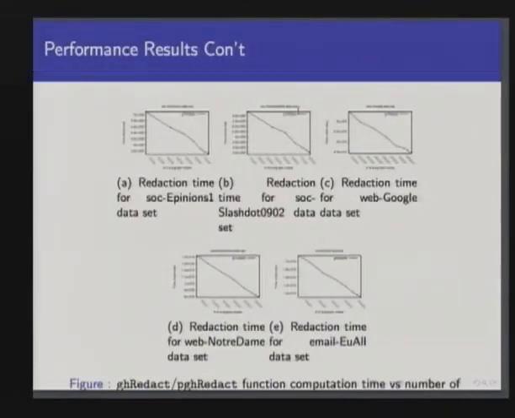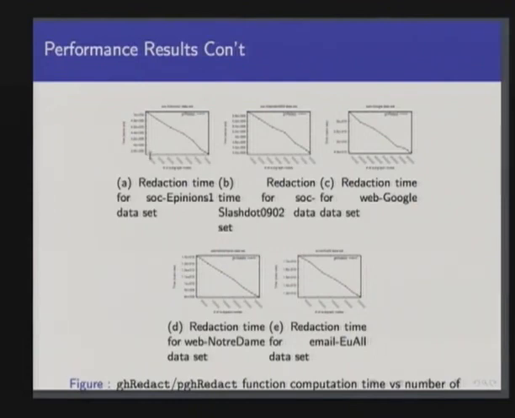This is another set of experimental results. This is the graph reduction time. We know that this graph reduction function is run by the untrusted or third-party server. So if the subquery result which is returned to the user is very small, it means that the untrusted server has to compute a redacted graph which is very large. Here we can see the number of subgraph nodes, maybe 10K, 20K, 30K.